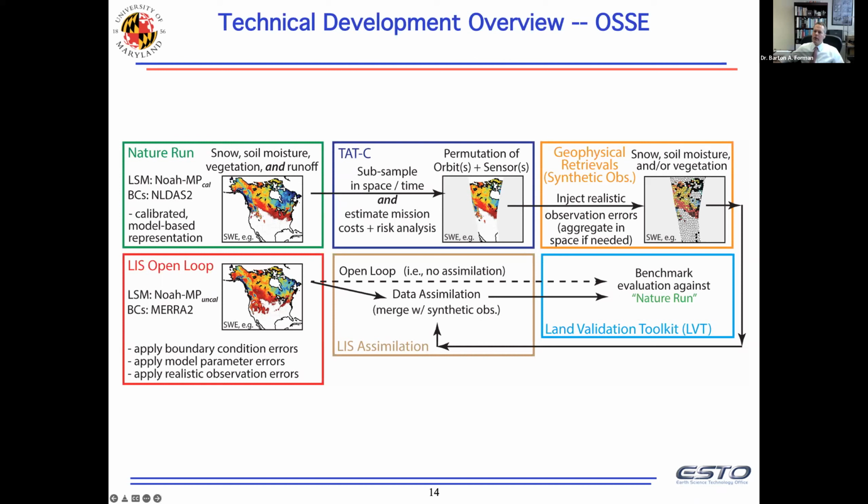Or maybe we run an experiment with four snow LiDARs, run the assimilation, compare that back to the benchmark, and we run experiment after experiment after experiment, and we see how close we can get to recovering the truth. Do our observations really help us get closer to the truth, or do our observations add little or no value to our updated model estimate? So this is the general framework for an OSSE, all run within the NASA Land Information System.